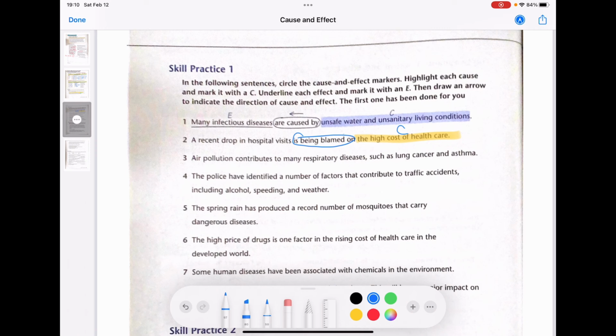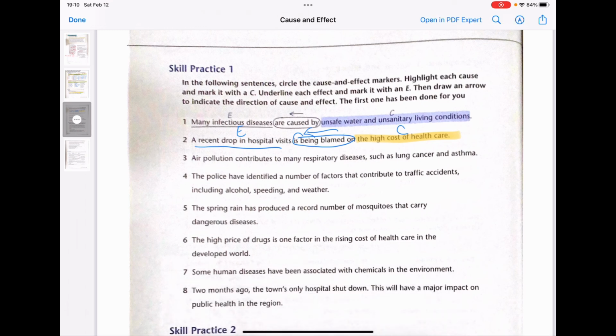That's going to be our effect. So that means that the direction is going backwards again. Now, as you try the exercise on your own, you might notice that it goes different ways. Sometimes the cause comes first, sometimes the effect comes first.